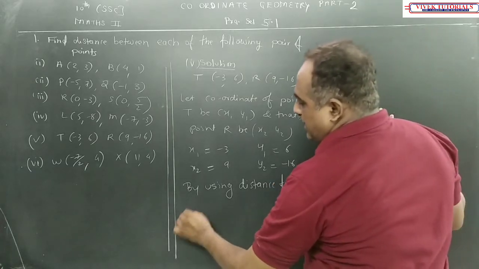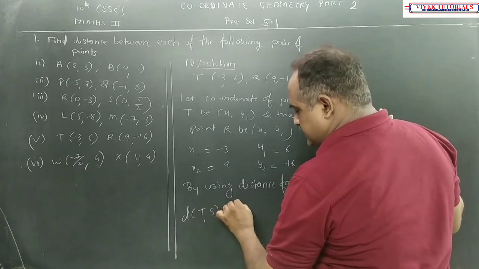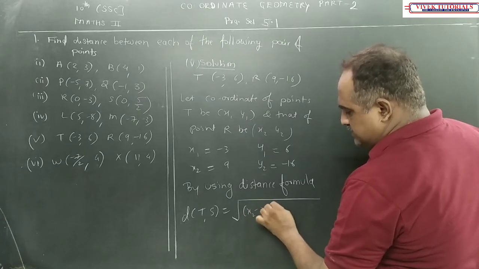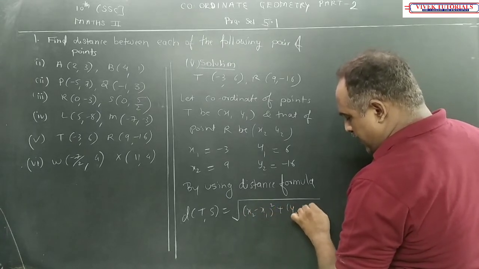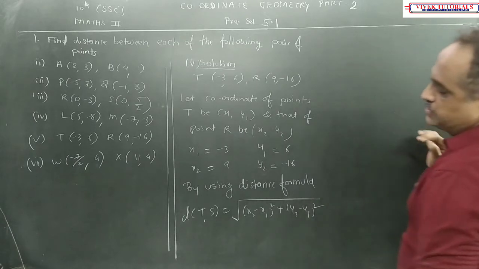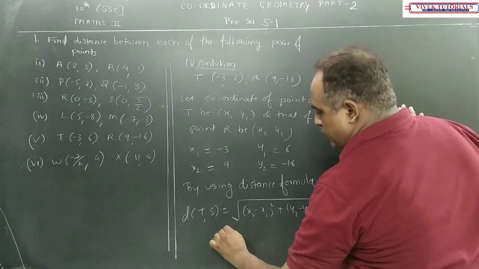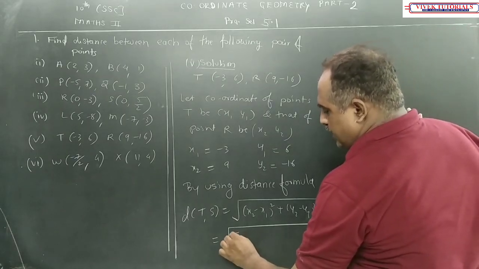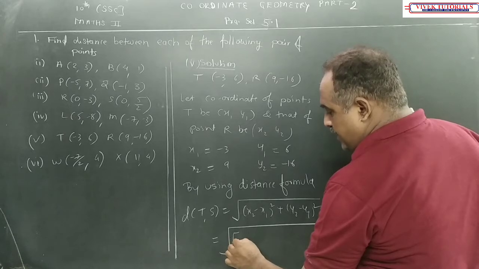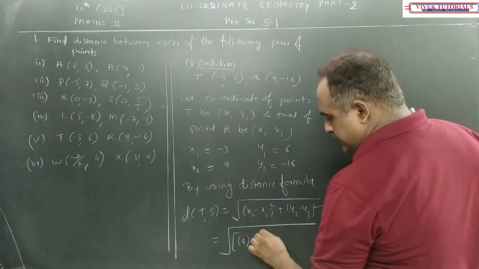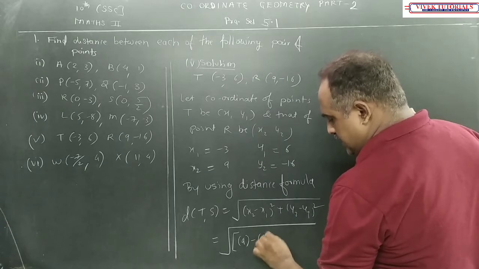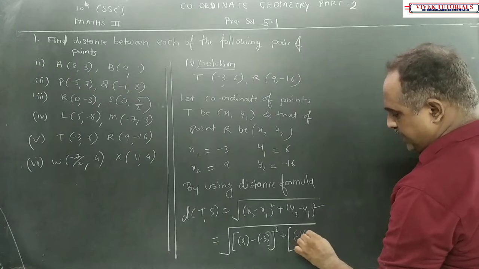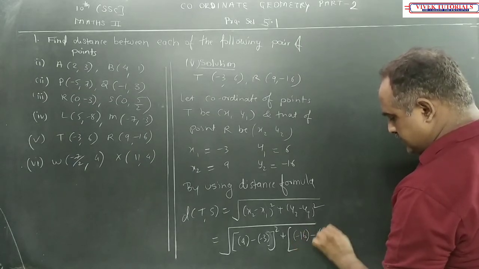What is the distance formula? Distance TS is equal to root of x2 minus x1 the whole square plus y2 minus y1 the whole square, that is equal to root of, again I am going to put a square bracket, 9 minus minus 3 the whole square and minus 16 minus 6 the whole square.